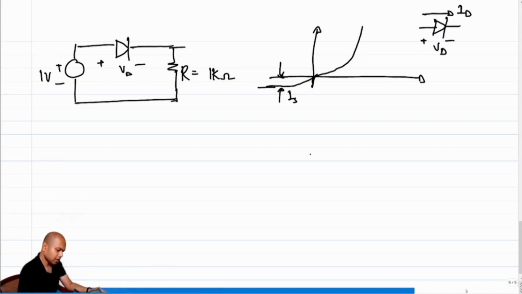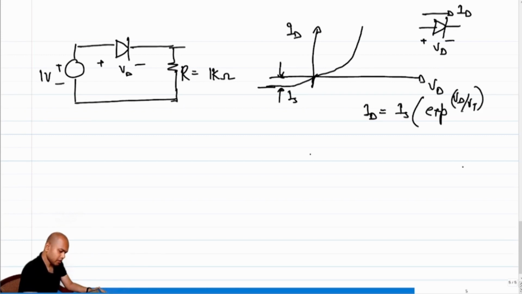And what is the current voltage relationship? Typically we express it in this form. Id is Is exponential Vd over Vt minus 1, where Vt is approximately equal to 25 millivolt at 300 Kelvin.